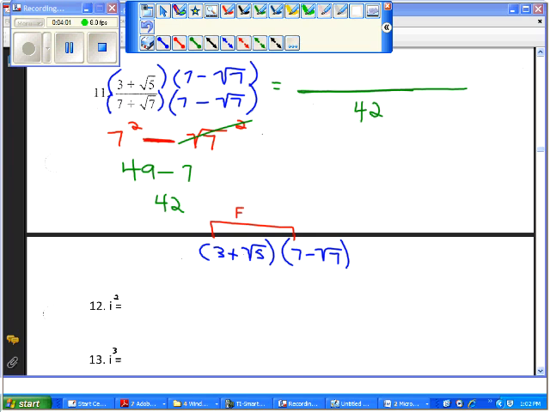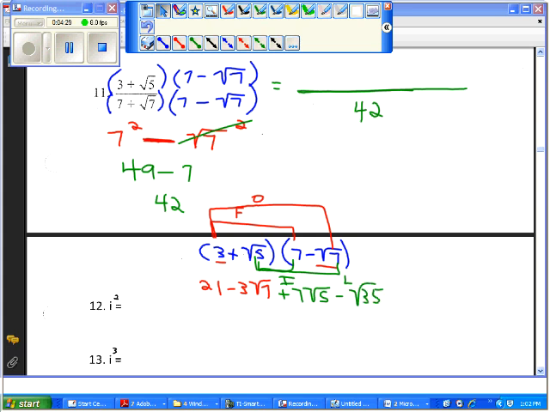You would take what people call the first, 3 times 7 is 21, and then the outers, 3 times negative square root 7 would be negative 3 square root 7. And then what people call the inners, which would be plus 7 square root 5. And then the lasts, which would be minus square root 35.